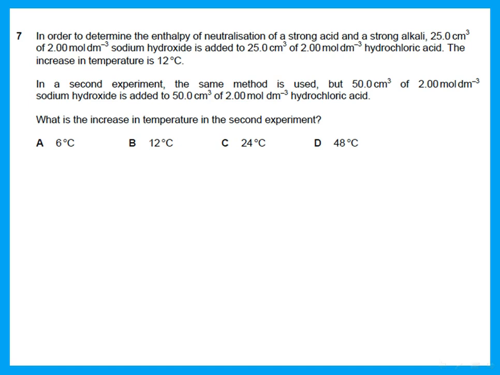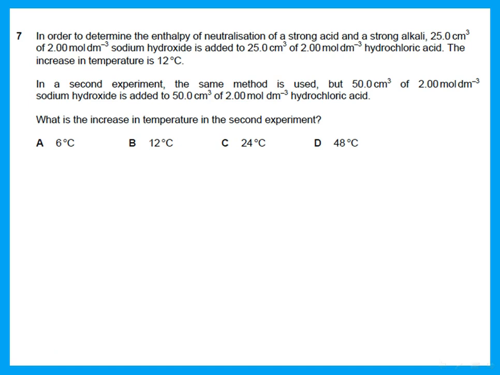Then he says, in order to determine the enthalpy of neutralization of a strong acid and a strong alkali, 25 cm³ of 2 mol/dm³ sodium hydroxide is added to 25 cm³ of 2 mol/dm³ hydrochloric acid, and the increase in temperature is 12 degrees Celsius.